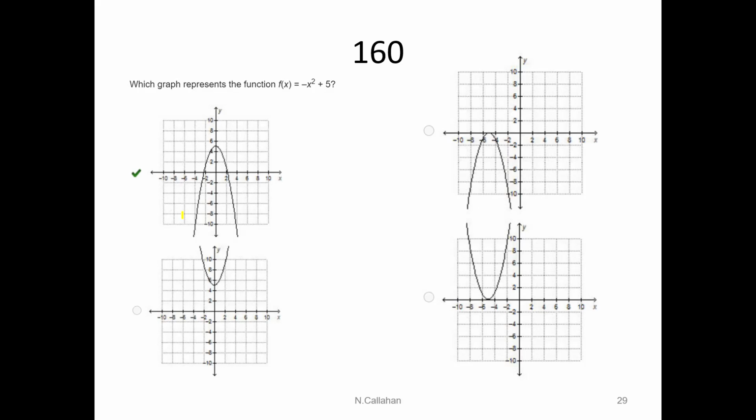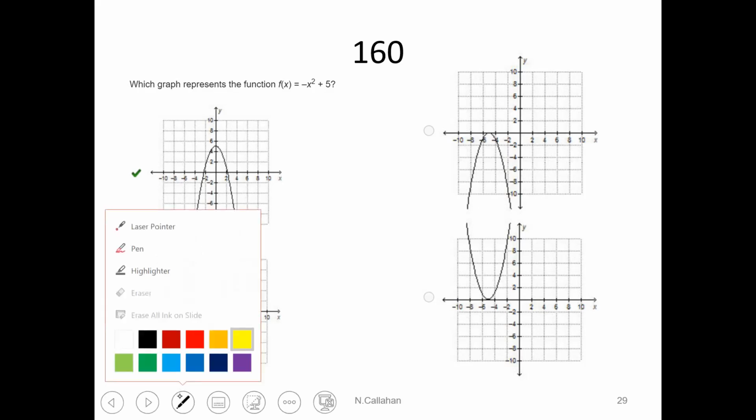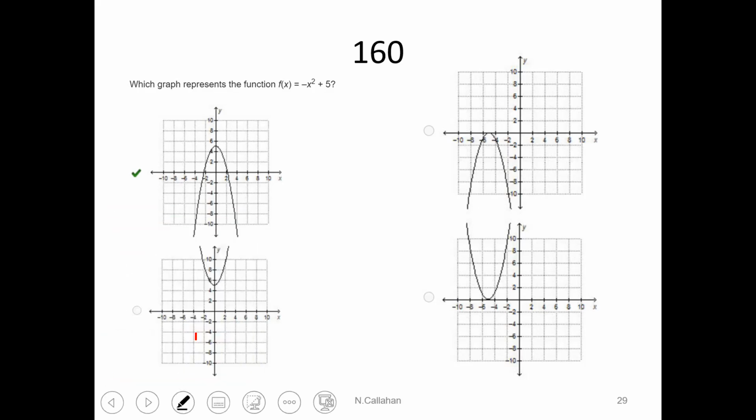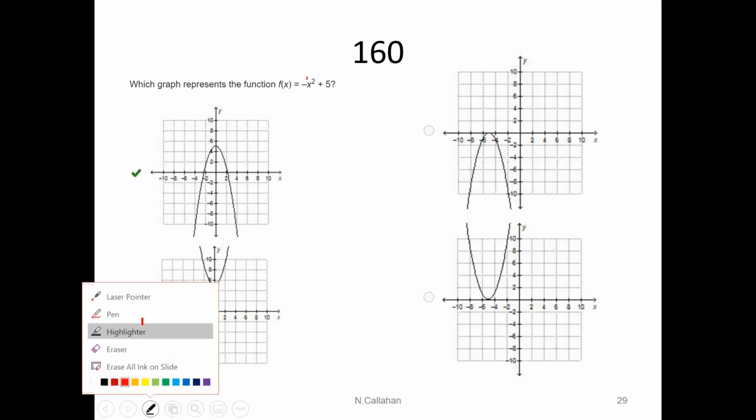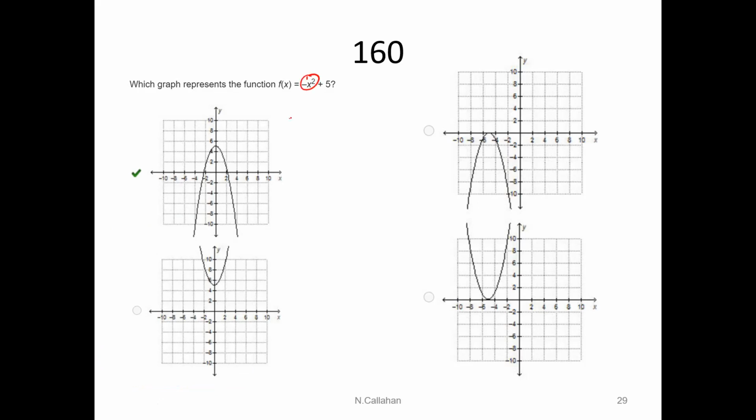All right, which graph represents this? So first things first, the first thing you should notice is this negative x squared. Negative x squared is a sad face. Positive x squared is a happy face. So it can't be any of the happy faces, so just cross that out.